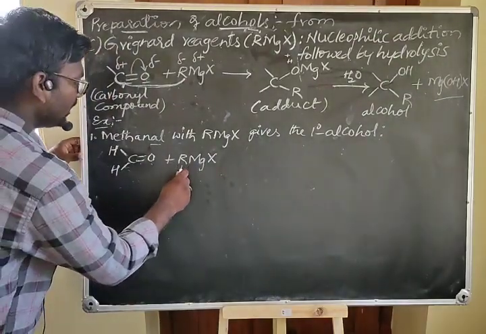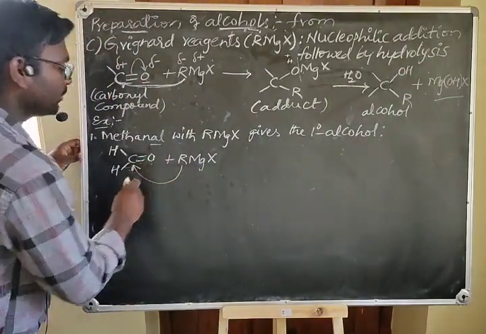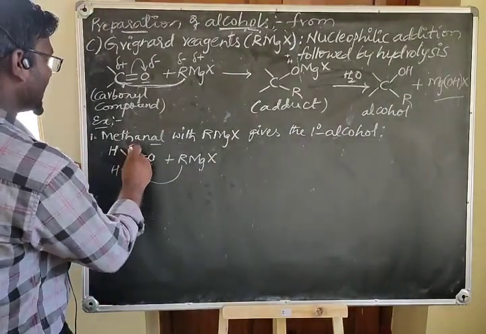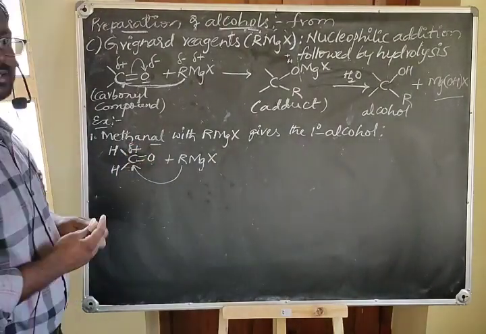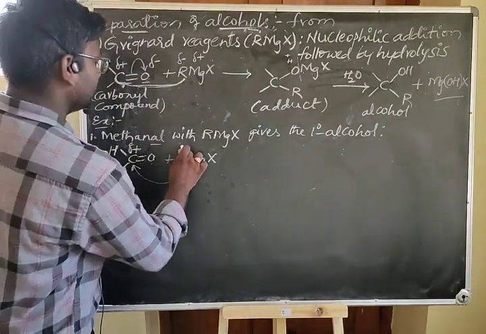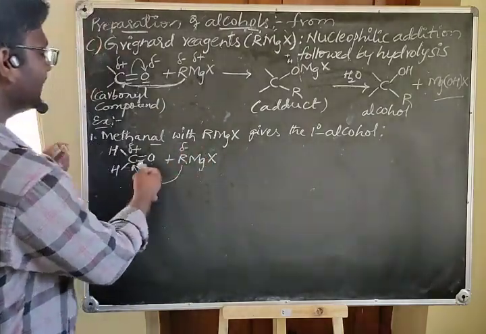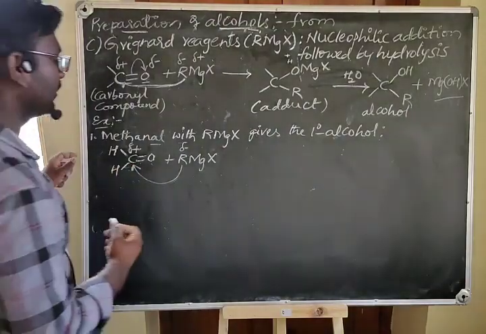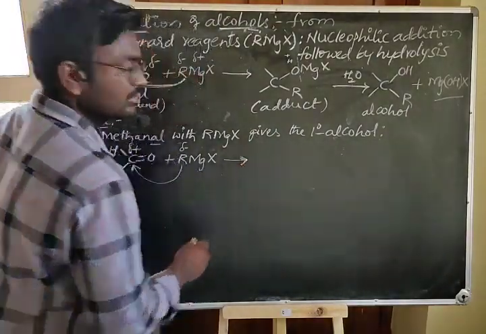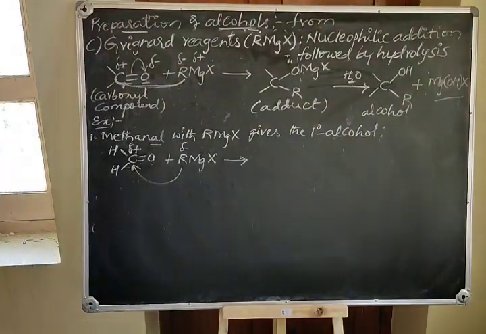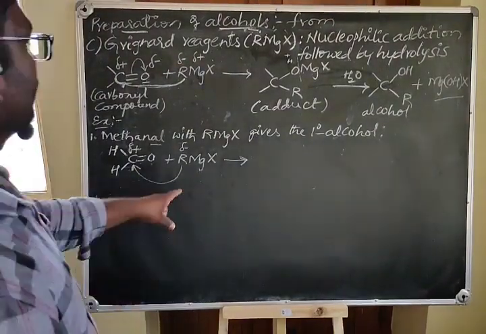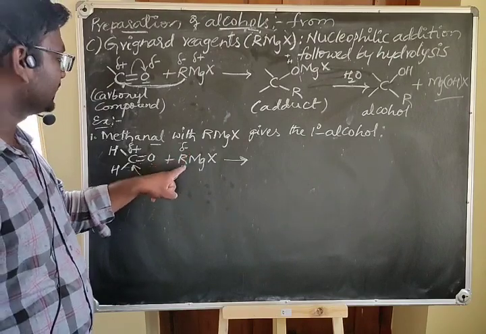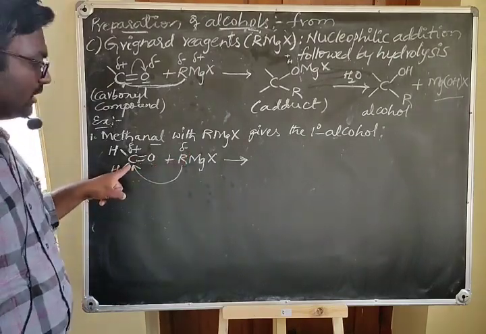From this, R will attack the carbonyl carbon, as I already told you it has less electron density, that is delta plus, and oxygen is delta minus. That negative alkyl part, rich in electron density, attacks the electropositive carbonyl carbon.